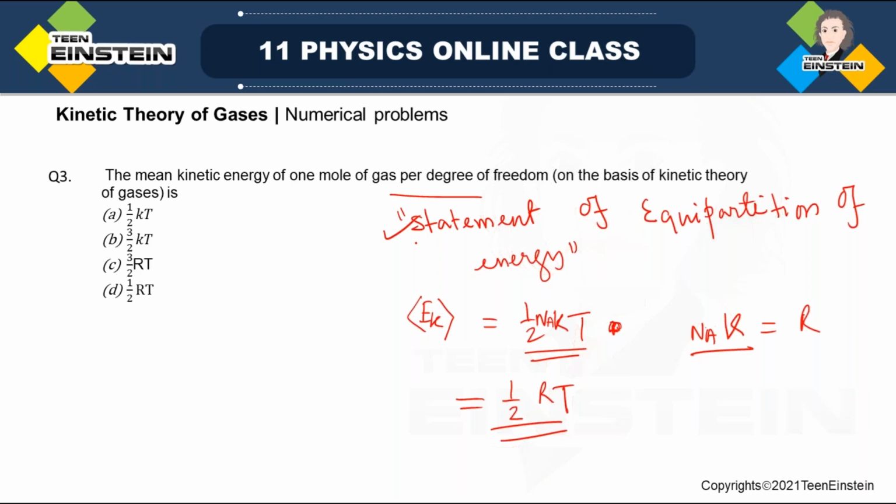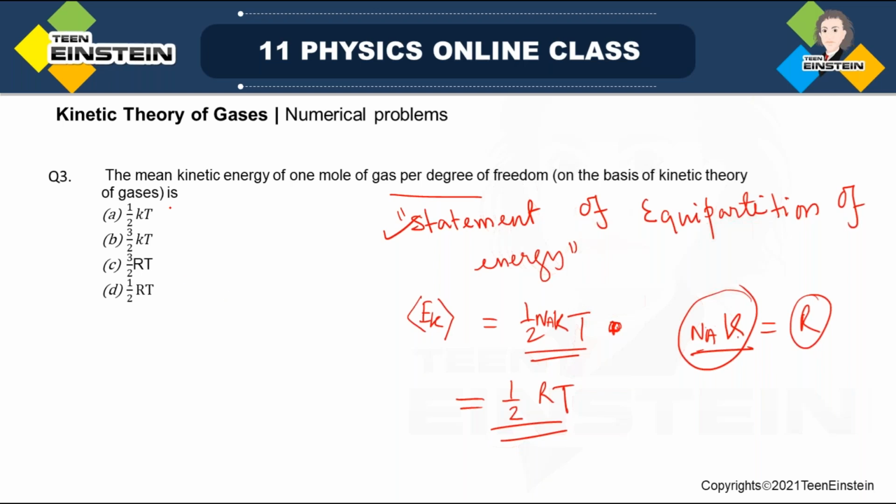When we talk about mean kinetic energy of 1 mole of gas per degree of freedom, the Avogadro number comes over here, N_A into k, where k is the Boltzmann constant. These two combine to give the universal gas constant R. So the answer will be half RT, not half kT.